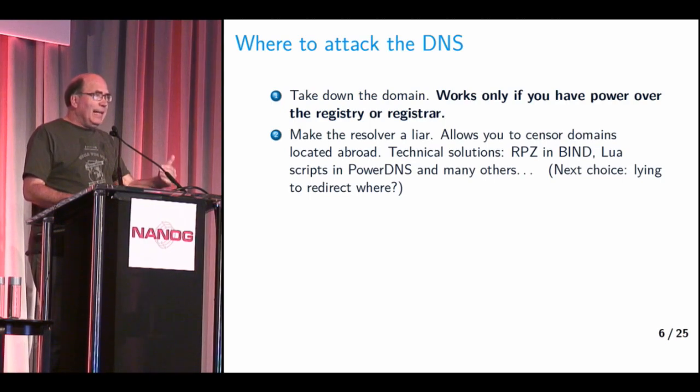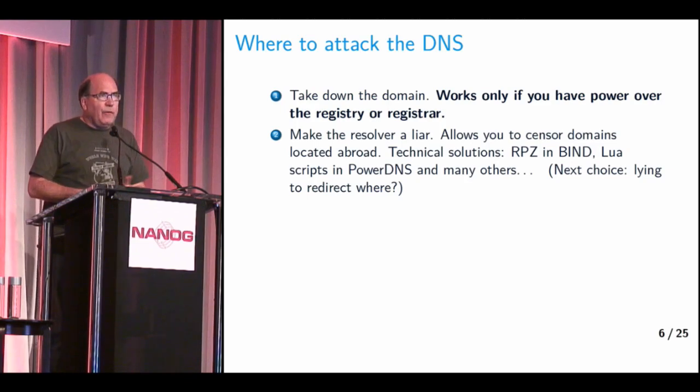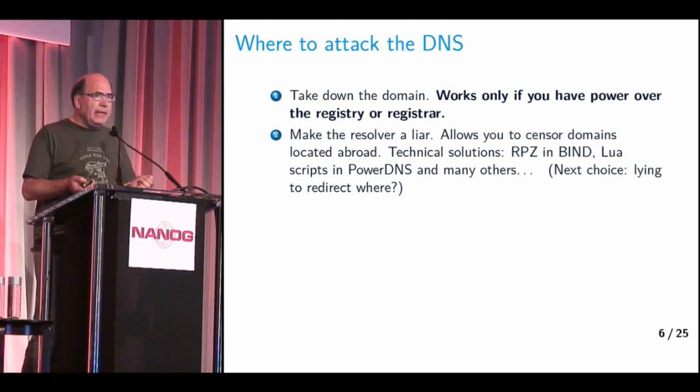Instead, when you have lying resolvers, the resolver deliberately gives another reply. There are several ways to do that technically. For instance, if the resolver is BIND, you can use RPZ. RPZ can be used for many things, but the idea is that you can have a policy which takes precedence over the data sent by authoritative name servers.